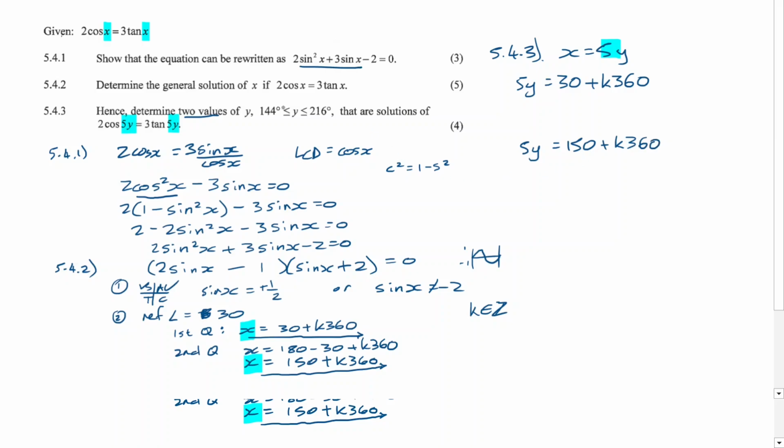Okay, so once you've seen the connection, that it's just the same question with the x's being 5y, then we can divide everything by 5 to get your new general solution.